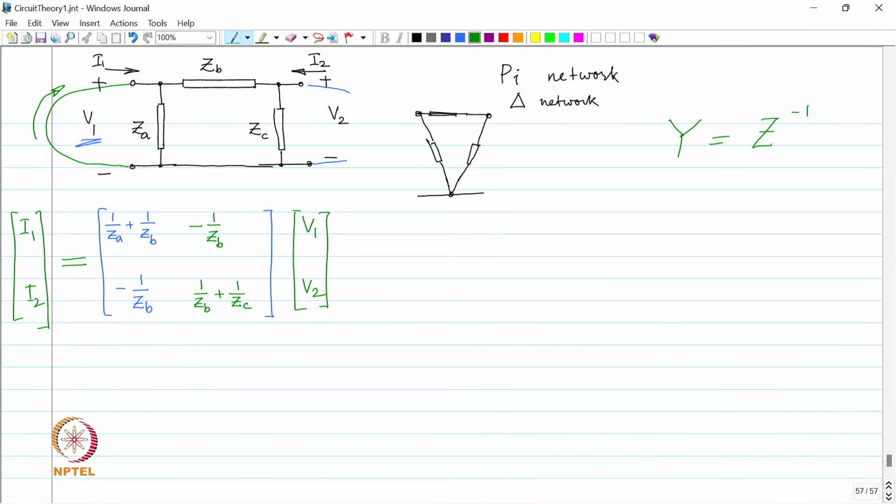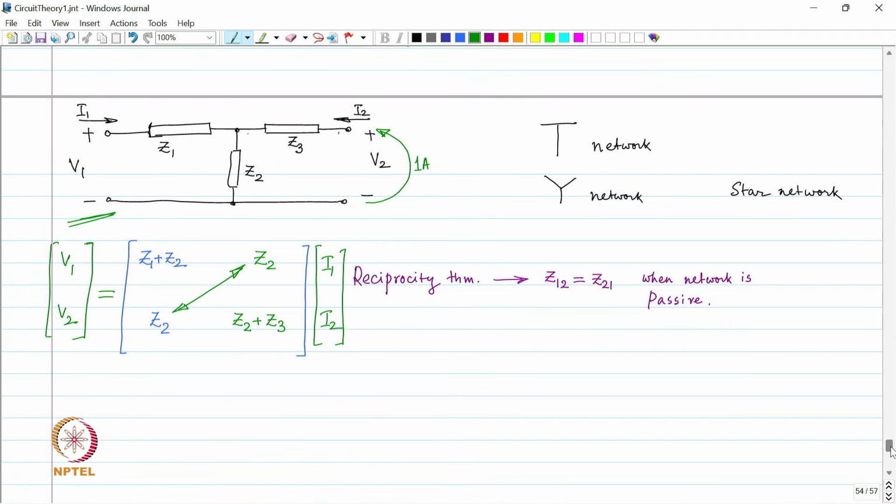Suppose I tell you that we chose a different circuit when we wanted to do the Y parameters, but if I asked you what are the Y parameters of this particular network, of this T network, you could have simply inverted the Z matrix and told me what are the Y parameters. What are they? Can you invert and tell me?